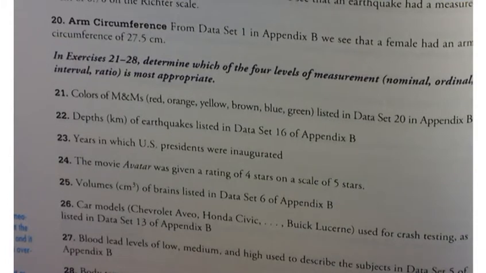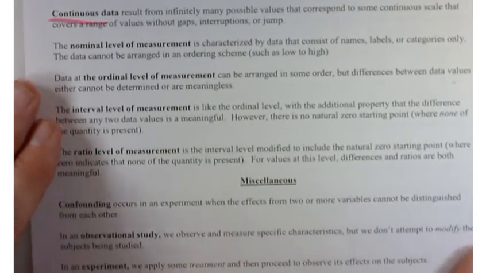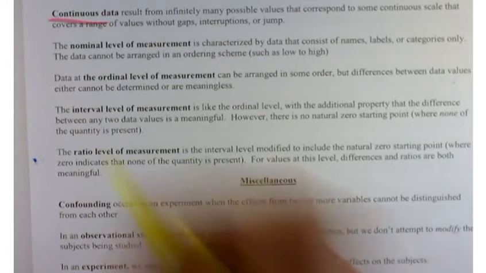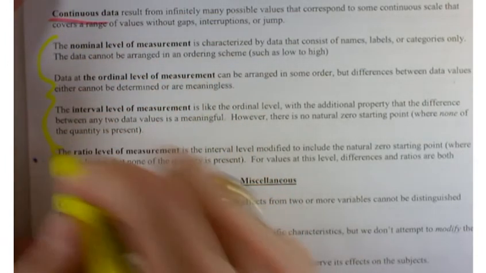Now within these categories of discrete and continuous, in particular continuous, there are going to be some more definitions that we're going to go through. Let me zoom out a little bit. There we go. These 4 right here. One more.